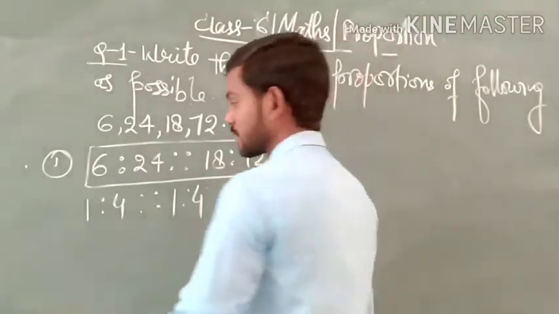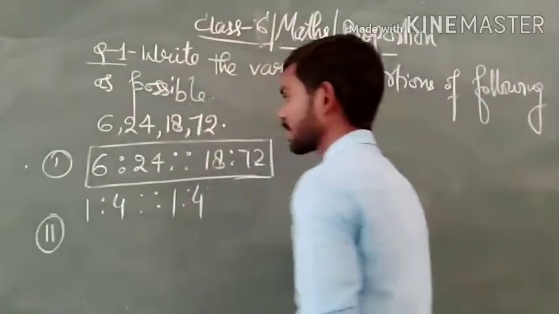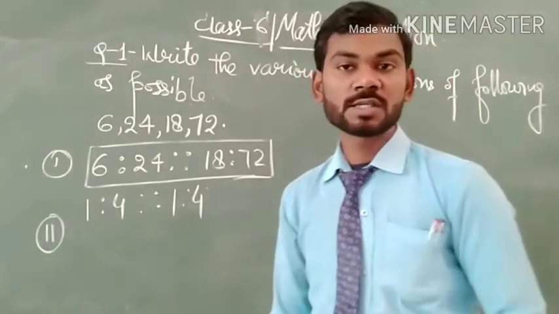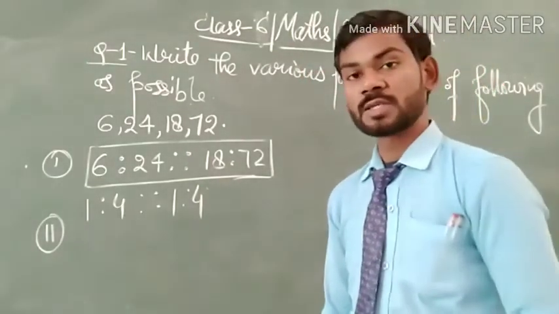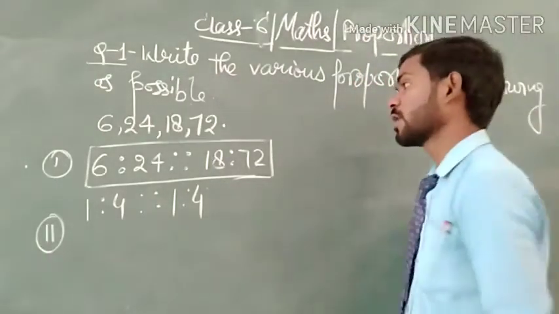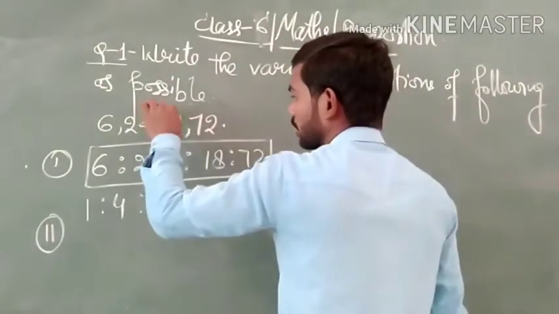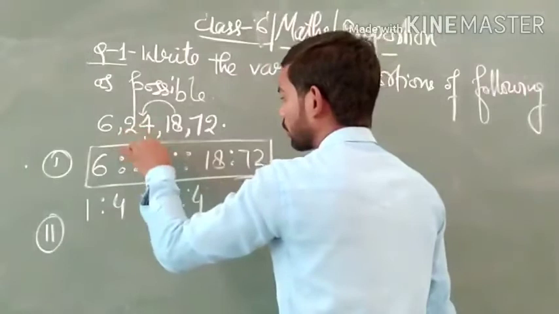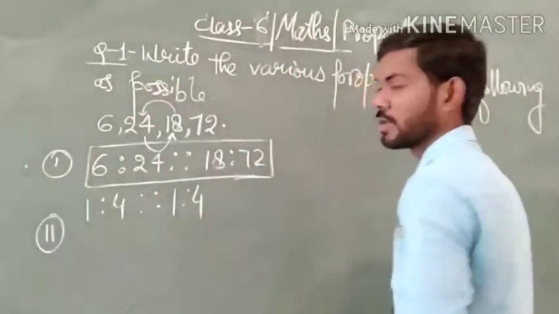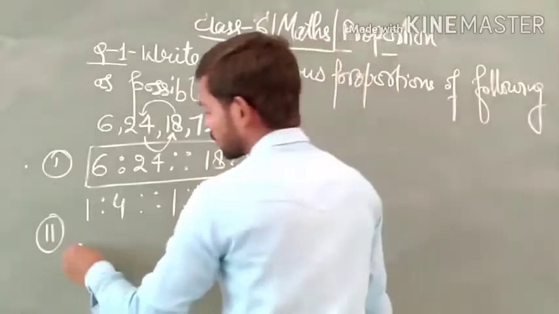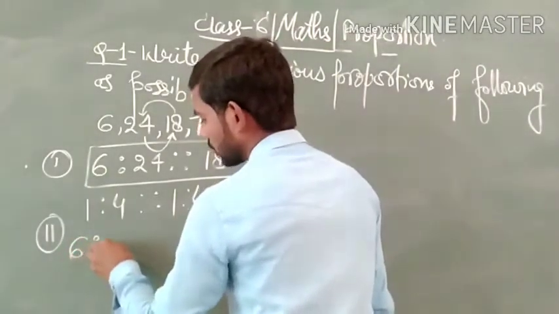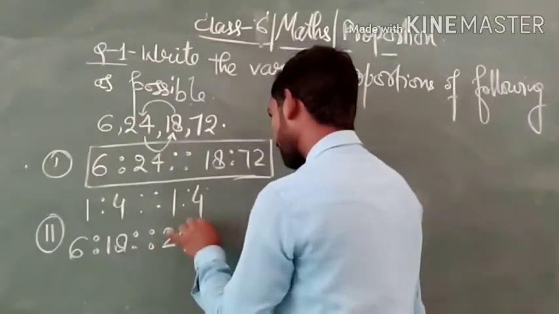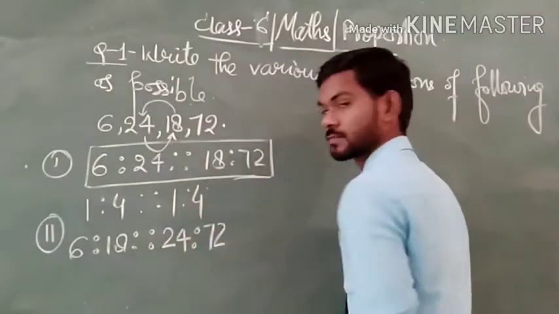Now let us see the second case. In the second case, we shall interchange the position of the digits given in the question. So here we shall transfer 18 to the second place and 24 in place of 18. So we get 6 ratio 18 proportional to 24 ratio 72.